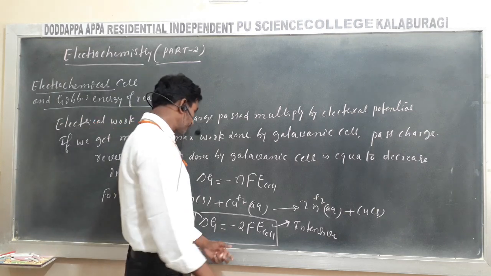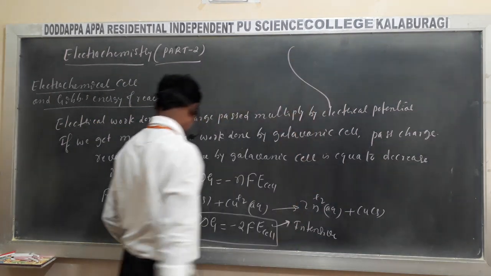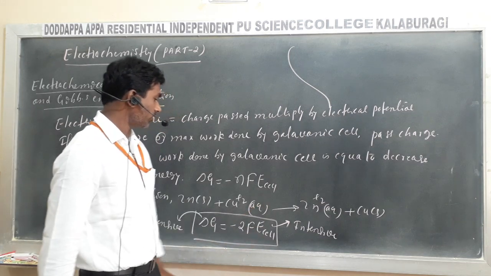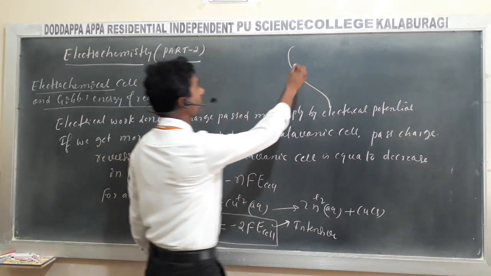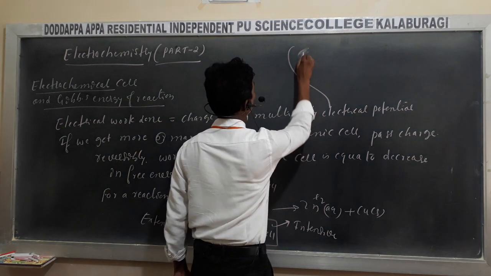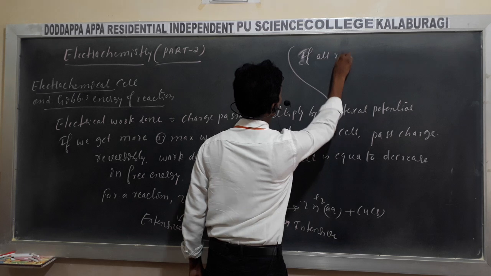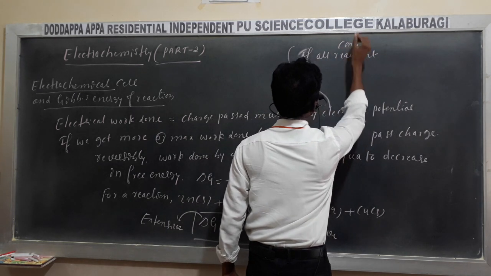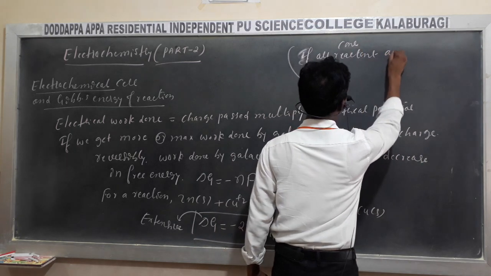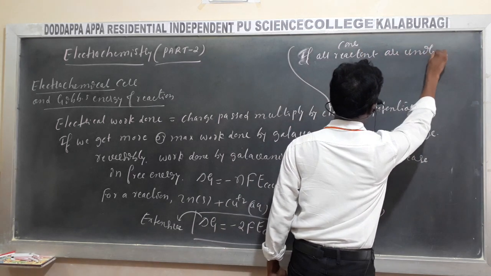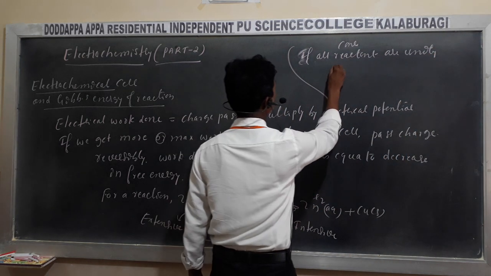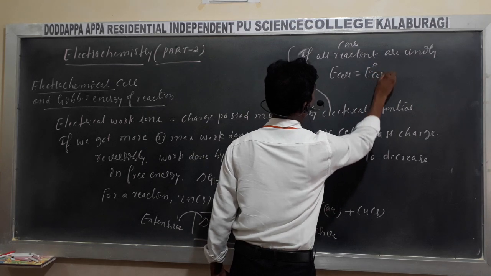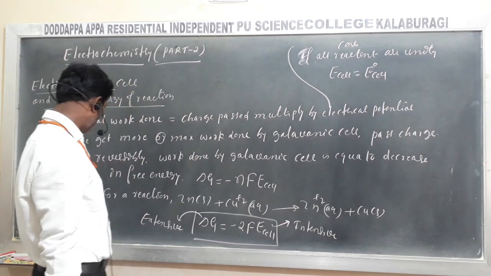Suppose the reaction is carried out with all the concentrations of reactants being unity. Then E cell is equal to E naught cell.